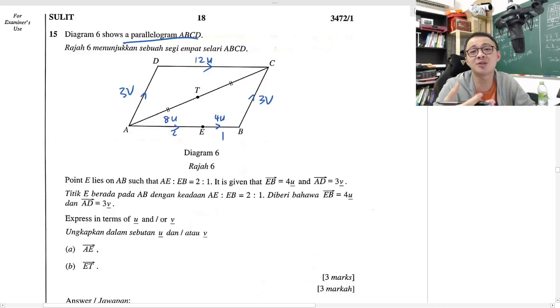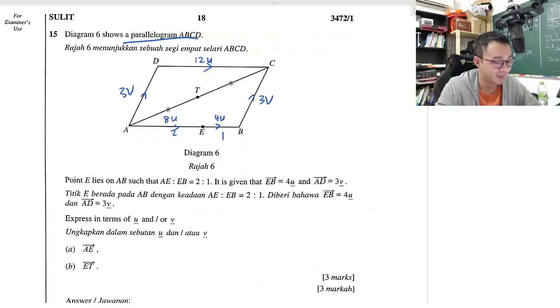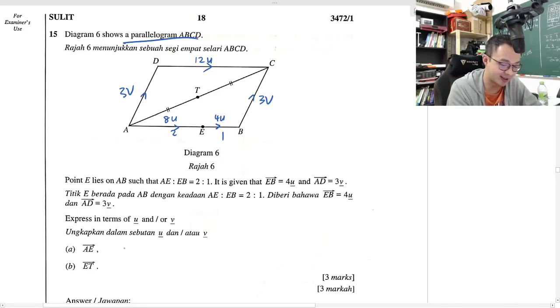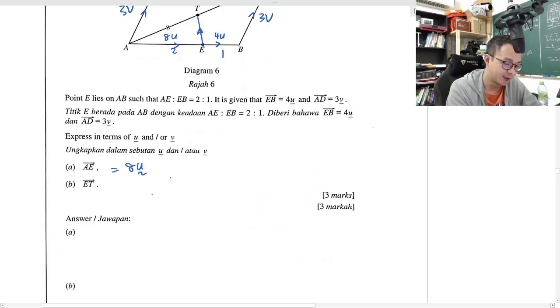Normally I will just straight away write down all the information I have so that I can do it quickly. It asked me to find AE. AE I just did, it's just 8u. Simple. And it asked me to find ET. In order to find ET, I need to have AT, right? I can straight away say ET equals EA plus AT. EA is quite simple.